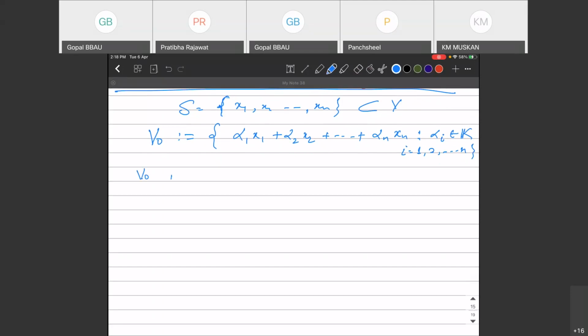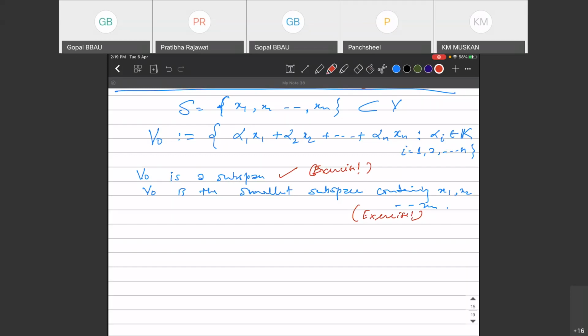It is easy to see V naught is a subspace, and in fact V naught is the smallest subspace containing x1, x2, ..., xn, that is S. Okay, so proving these two things is again an exercise for you. This is an easy exercise. In fact, I have given you a solution in my notes. So if you read the notes, you will get it.